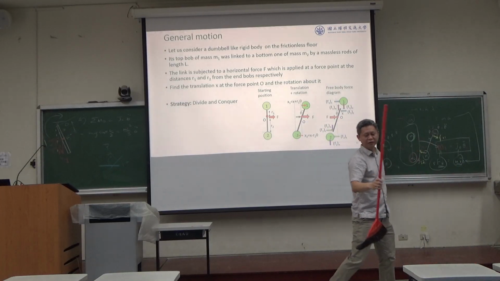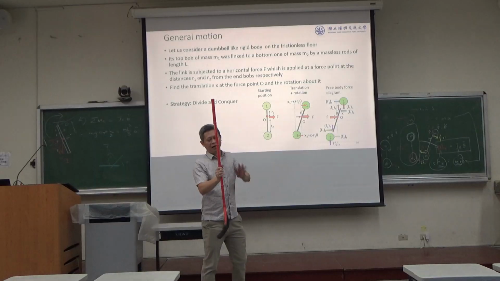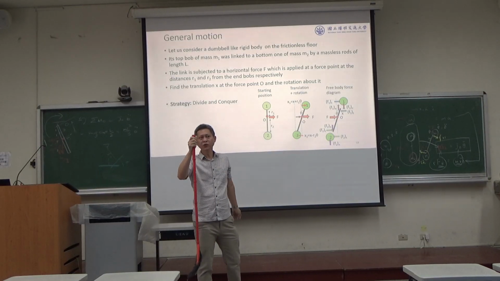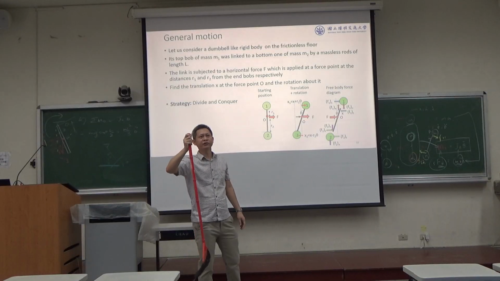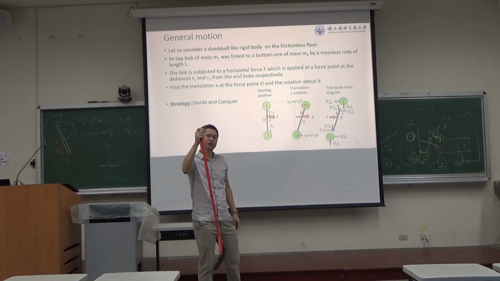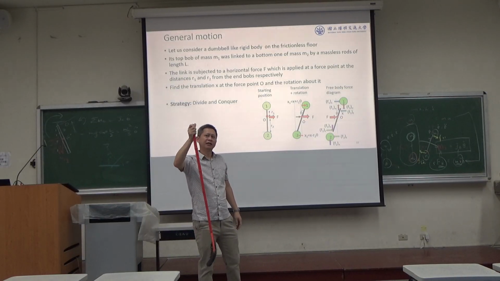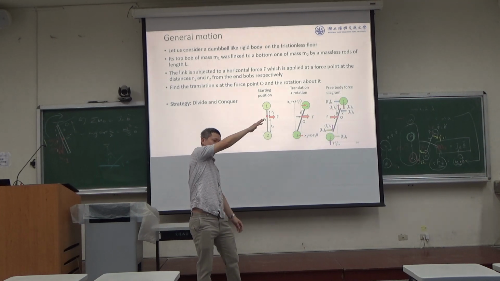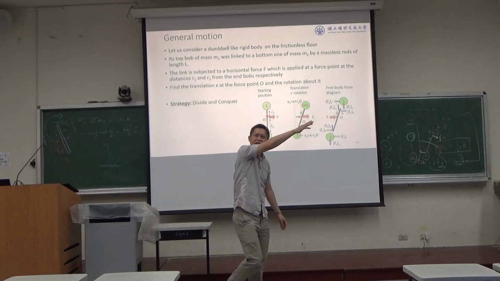So when you have distributed mass, where you hold and where you apply force causes different kinds of motion. In this case, if I'm holding at the top and pushing it, you can see that it's mainly rotation.